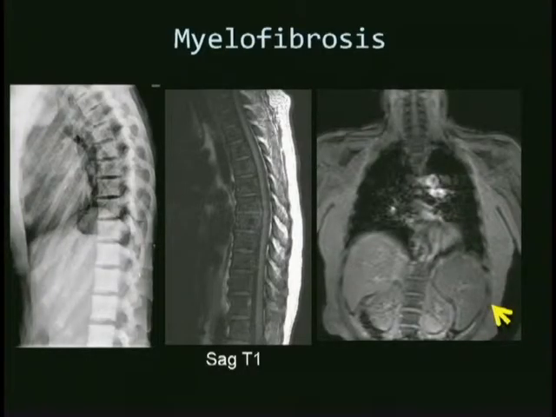So this was a patient who had dense bone. It was around a 60, 65 year old patient, dense bone here. And on the T1, you can see that the marrow signal is very dark, darker than the adjacent disc. And on the scout, we had this enlarged spleen. So the diagnosis was pretty characteristic for myelofibrosis.